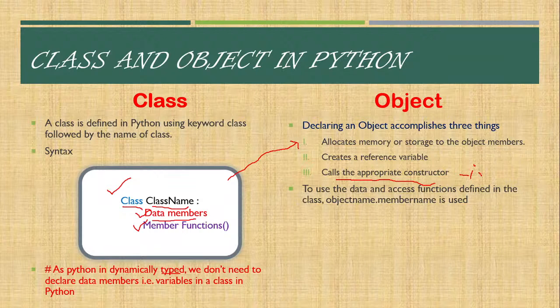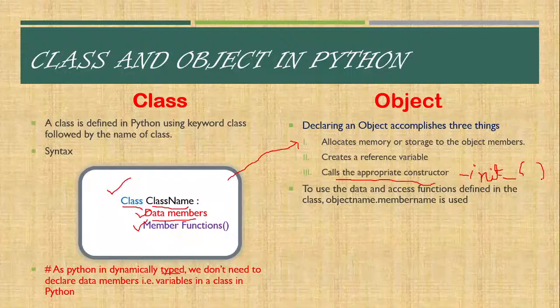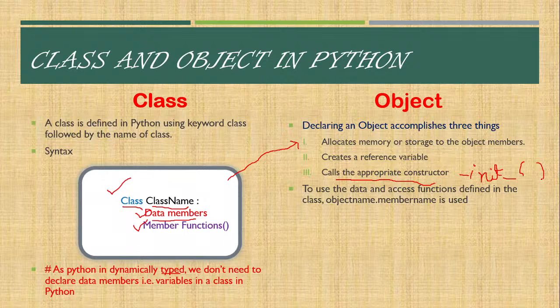We know that a particular method is called by using the dot operator and then the method name, but in Python this __init__ method is called implicitly, because it is a constructor method. To use the data and access functions defined in the class, object name dot member name is used.